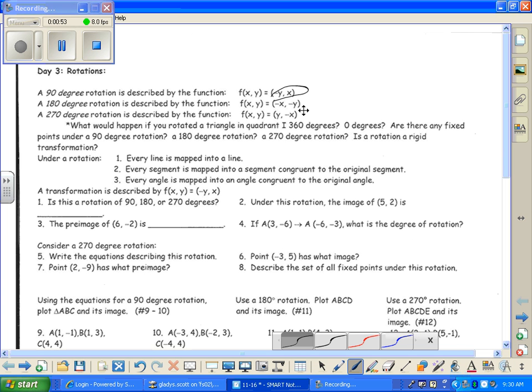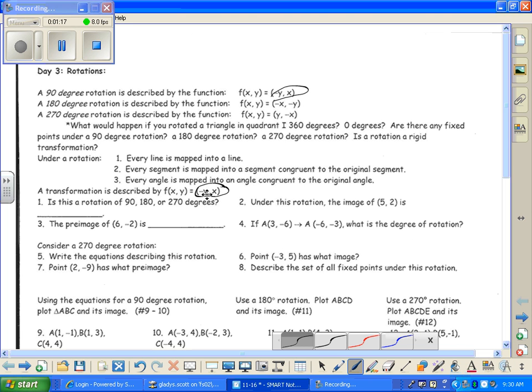Okay, starting at number 1. Is this a rotation of 90, 180, or 270? Talking about this figure here. So what do we see? We see that it changed positions in that the negative y is coming first.